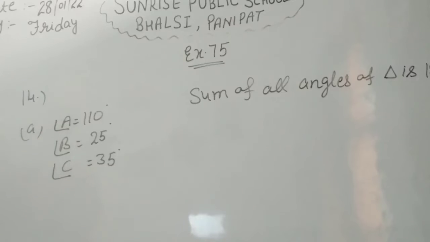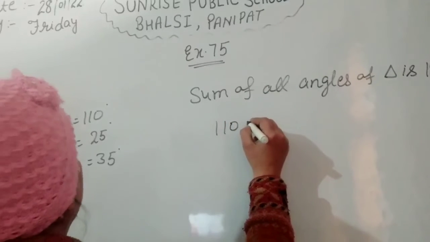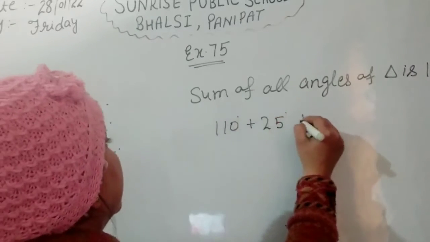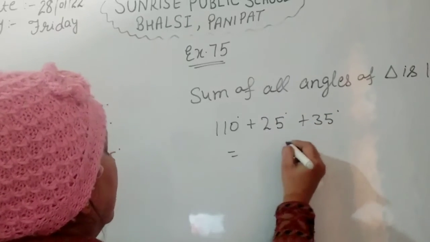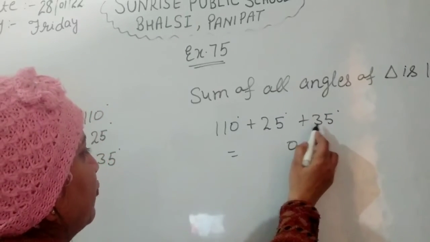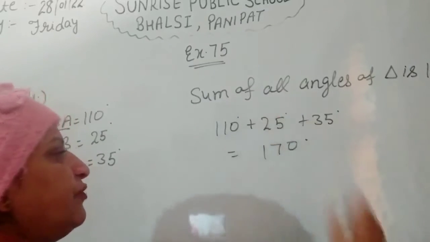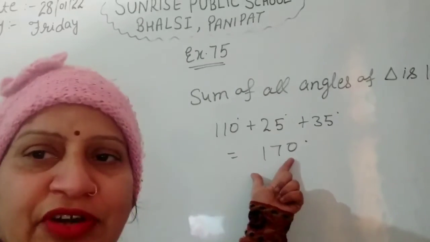We add all these three angles. Now we add 110 plus 25 degrees plus 35 degrees. Now 5 plus 5, 10, 1 carry, 3 plus 1, 4, 4 plus 2, 6, plus 1, 7. Now here we see that the sum of the angles is 170 degrees.